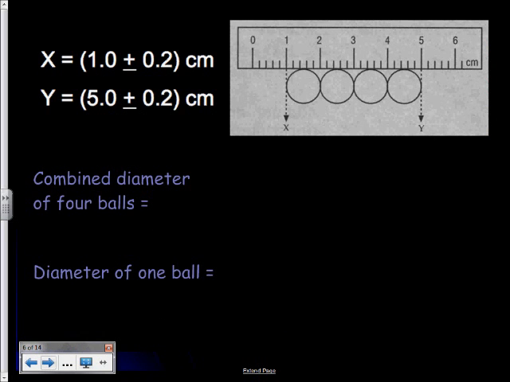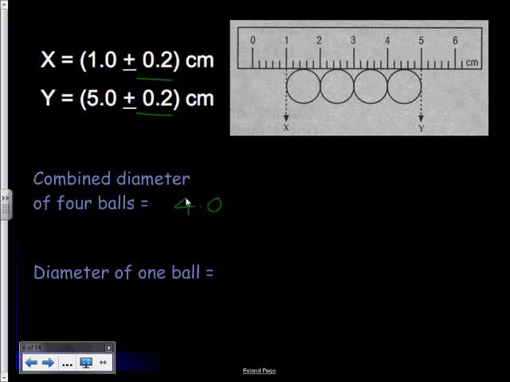All right, so there's our X value, our Y value. The combined diameter then is going to be 5 minus 1, so 4.0 centimeters. Now, what's the uncertainty going to be? If we were tempted to subtract the two uncertainties, then we'd get 0. Now, that's nonsense.